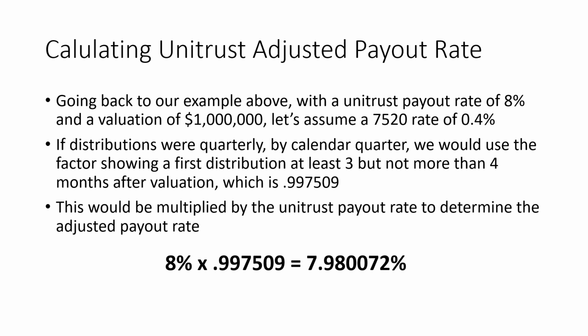And remember again that this is used not for purposes of calculating the actual Unitrust payout every single year, but instead is used for purposes of calculating the present value or the remainder interest.